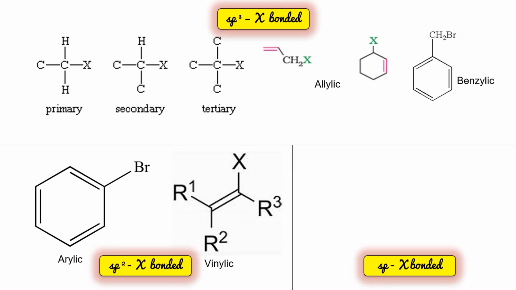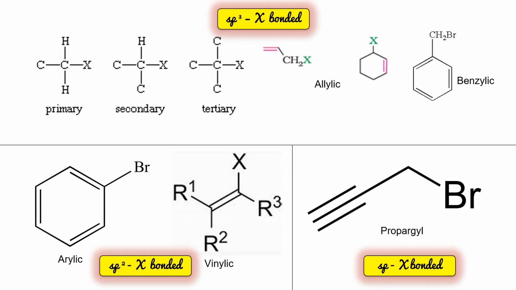Now the next is sp bonded. The halogen will be attached to an sp3 hybridized carbon, which is further attached with an sp hybridized carbon. That is called propargyl. So the halogen is attached here to this sp3 hybridized carbon, and this sp3 hybridized carbon is further attached with an sp hybridized carbon.